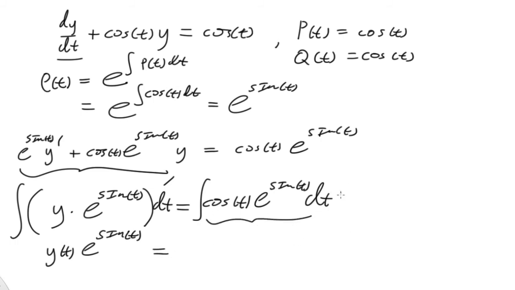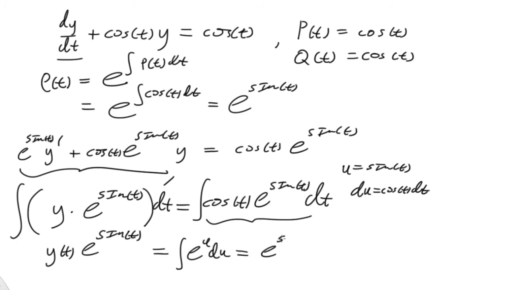Substitution is in order. If I take u equal to sine of t, then du is equal to cosine of t dt, in which case that becomes the integral of e to the u du, which is equal to e to the sine t plus c.